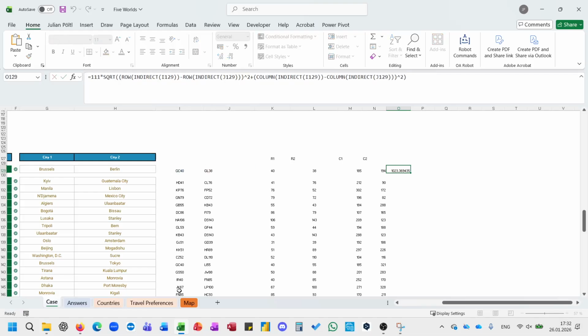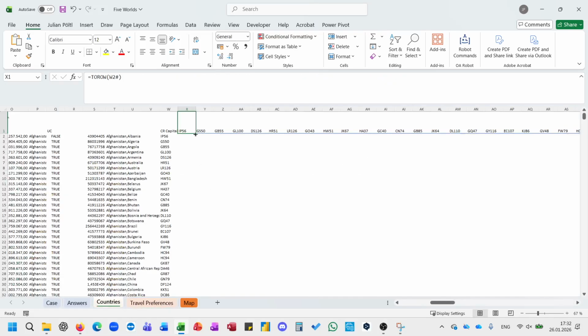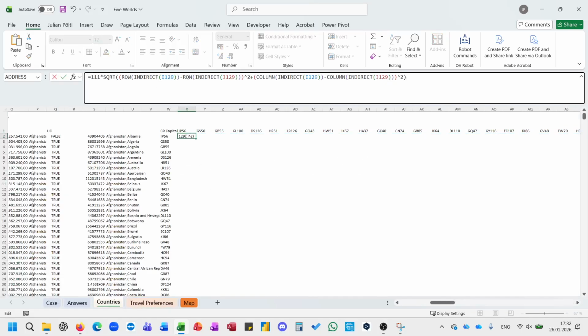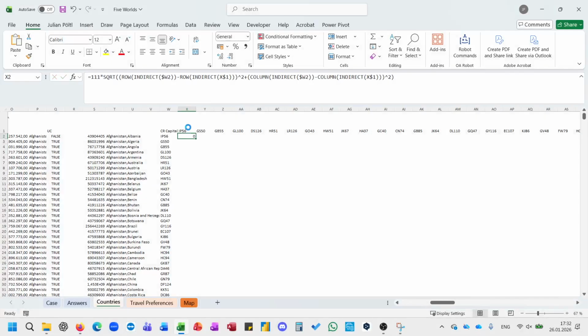And now we copy this in here, fix the column, fix the row, fix the column, fix the row. Yes, this should be actually 0.